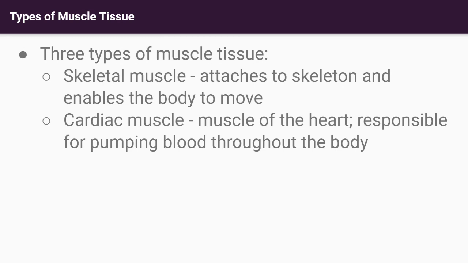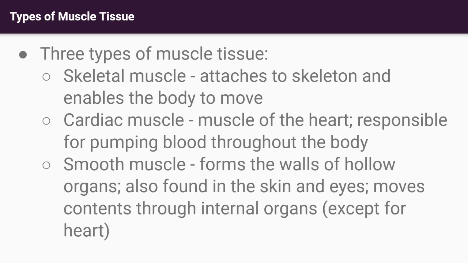So our heart speeds up or slows down, heart rate goes up or goes down in response to the needs of our body. So you start to exercise, your heart rate goes up. You get done exercising, you start taking these nice deep breaths, your heart rate starts to go down. Okay, we don't control it. There's some things we can do to help it, but we don't necessarily tell our heart to start beating faster or slower. Also, cardiac muscle is also striated. So skeletal and cardiac are both striated.